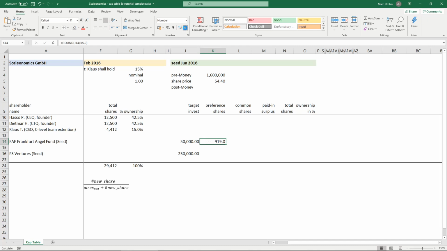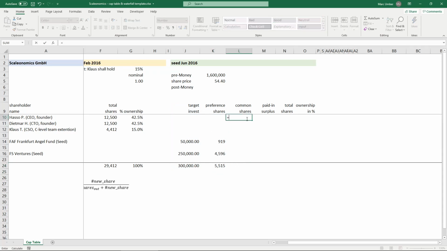of new shares, and you can use this formula to calculate how many shares Frankfurt School Venture Capital will hold, and this is 4,596 shares. This is all the new shares that are created during this round. Let's add just for completion some of the sums.